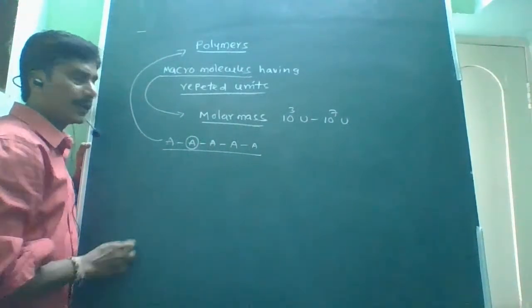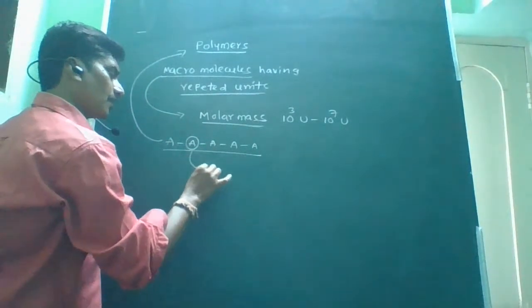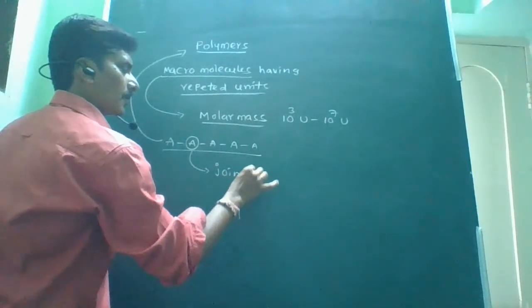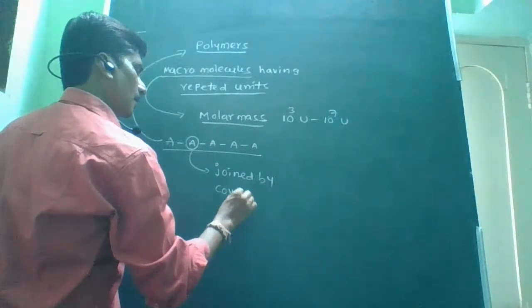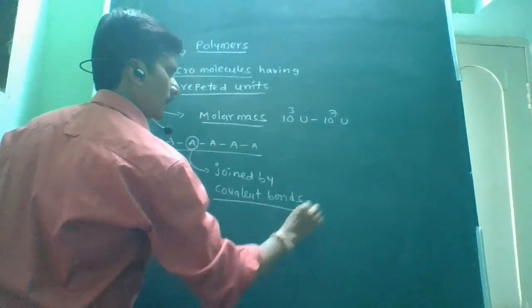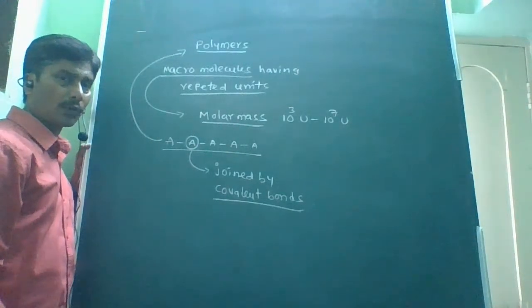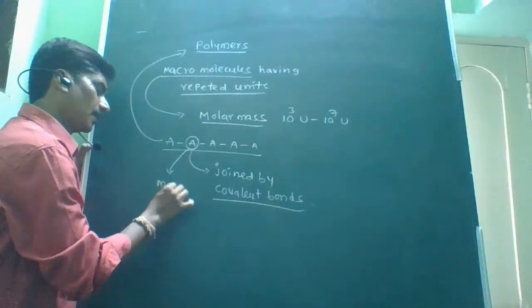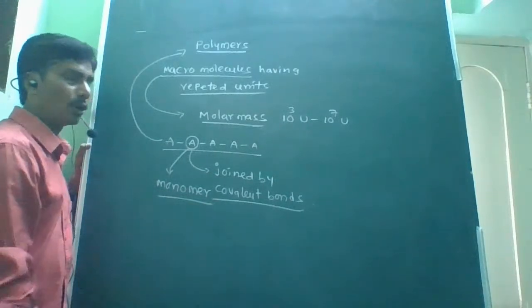This repeated unit is known as the monomer.